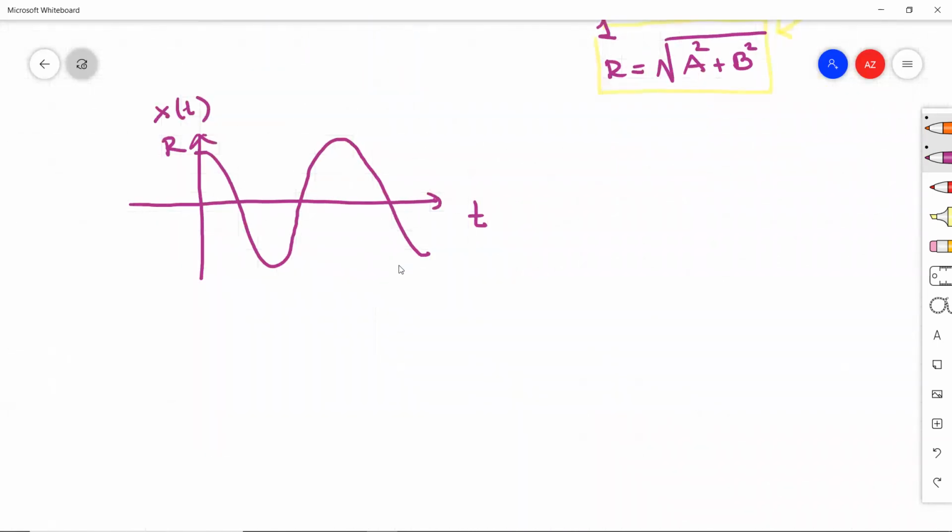So this was the first motion. This was vibration without any damping or without any force.